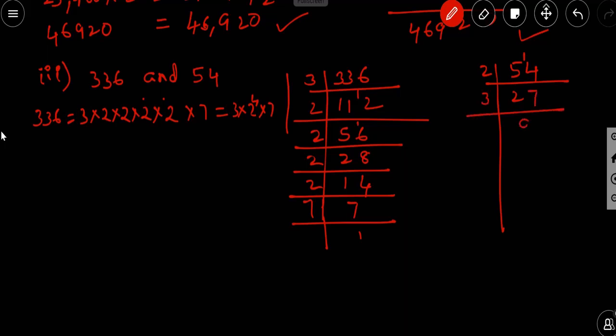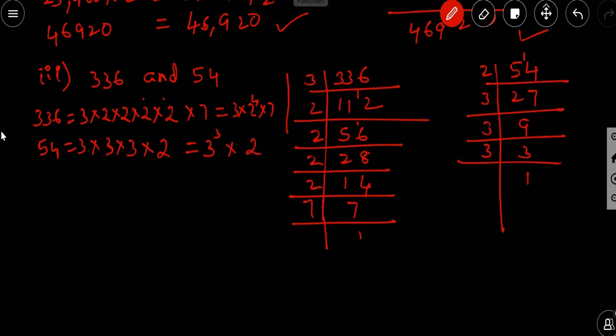So 3 9s are 27, again it is divisible by 3. 3 3s are 9, 3 is a prime number, so 3 1s are 3. So what will I write here? 54 is equal to 3 into 3 into 3 into 2. How do I write it? 3 to the power of 3 into 2.